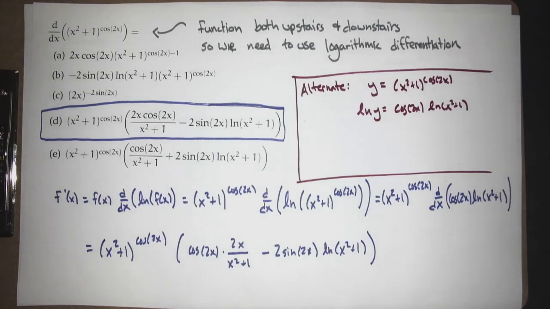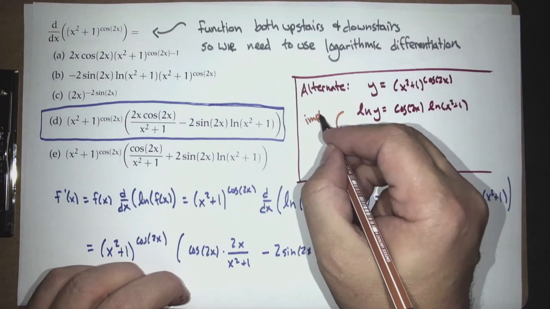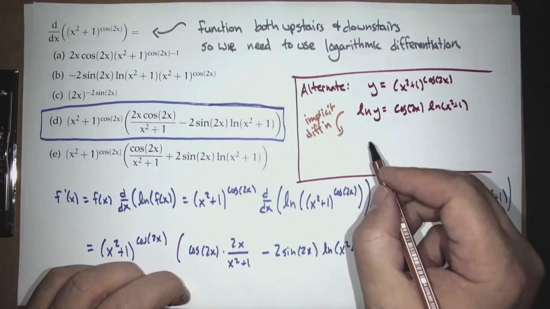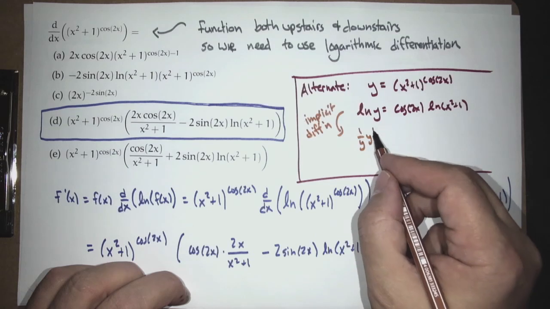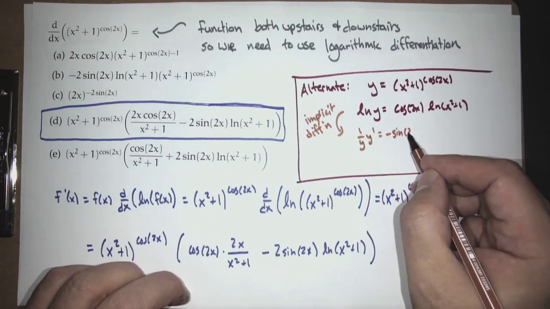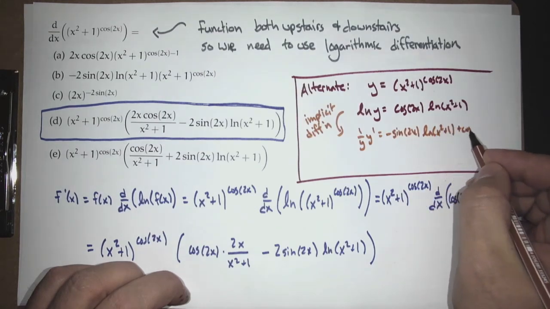So the idea here is now we're going to do implicit differentiation. So this is the other option. So you get 1 over y, y prime equals all this other fun stuff. And then how do you finish up?